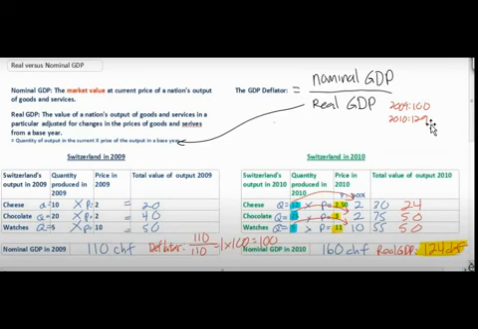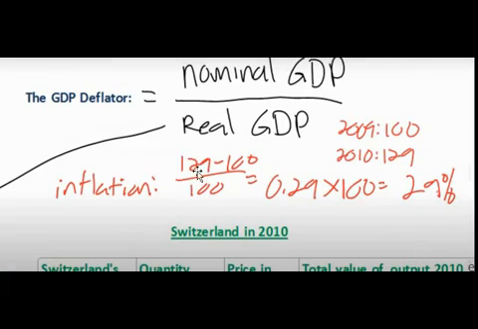Ito siya, class. Ito yung real GDP natin for the previous year or the base year. The real GDP for the present year is 129. The real GDP for base year is 100. Yun. Okay, present minus previous over previous. It will give you 0.29 times 100 ulit. It will give you 29%.